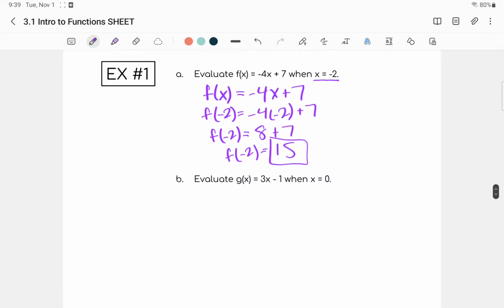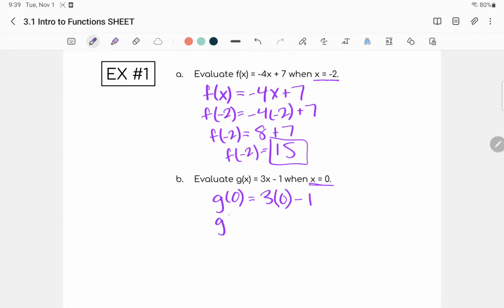Evaluate g of x equals 3x minus 1 when x is 0. So again, wherever I see x, I'm going to put a 0. So g of 0 equals 3, and then I'm going to put in 0 for x again, minus 1. Instead of writing it, I just jumped straight to the substitution down here.